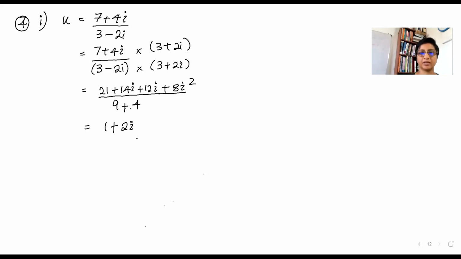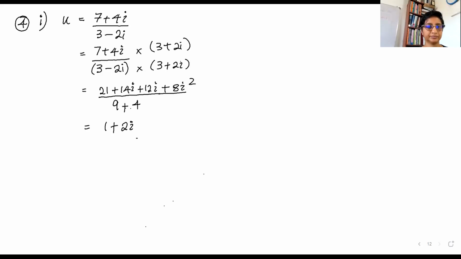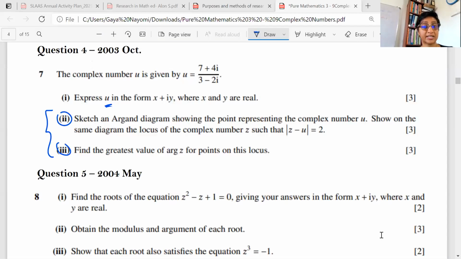Then sketch an Argand diagram showing the point representing the complex number u.